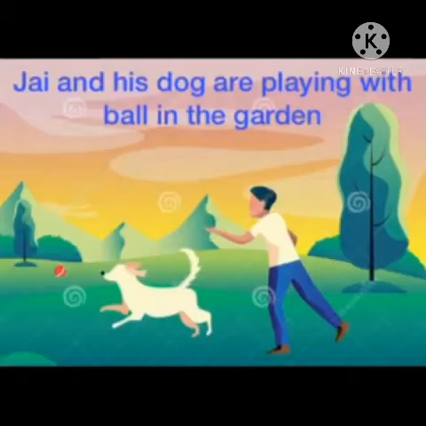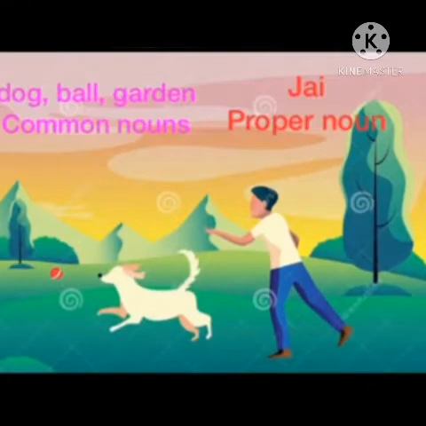Jay and his dog are playing with a ball in the garden. In this, dog, ball, garden are common nouns, while on the other hand, Jay is a proper noun. Remember that a proper noun always begins with a capital letter.